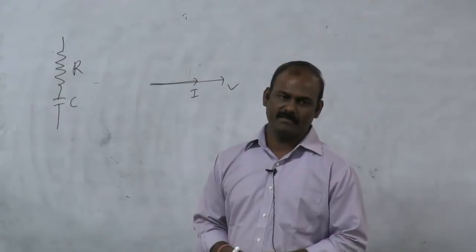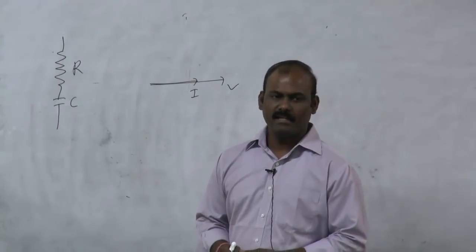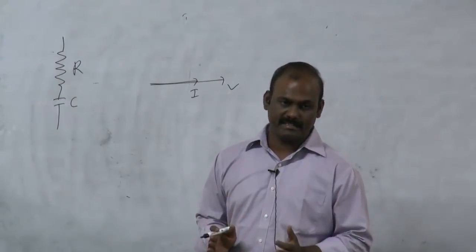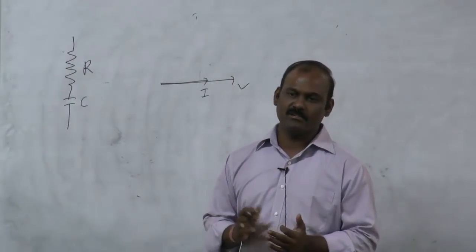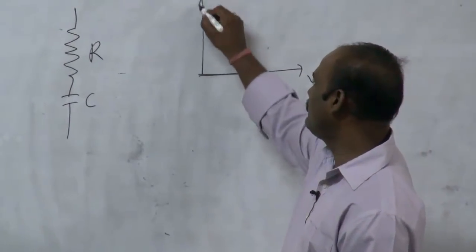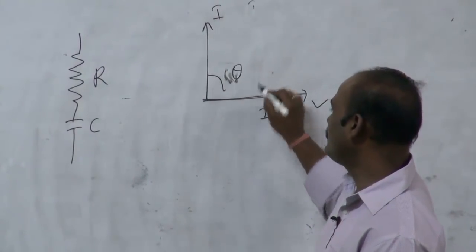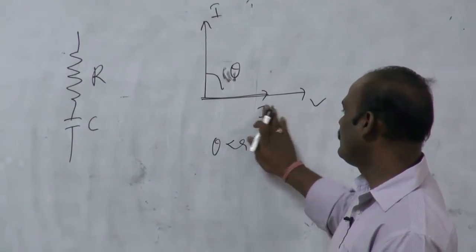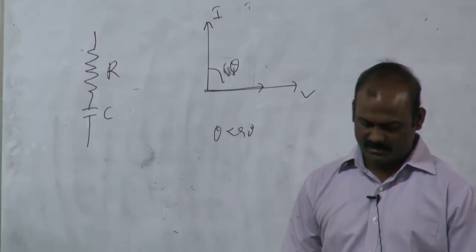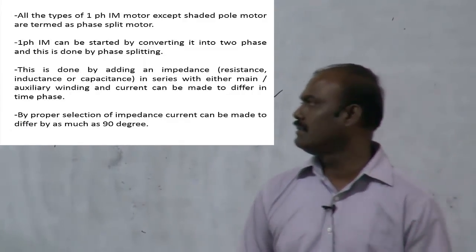What is the phase angle between V and I now? It will be less than 90, not 90 exactly, it will be 0 to 90, right? So the I value will be like this. So 90 will be there. Let us say the theta will be less than 90 degrees, right? So that is what the capacitor split.